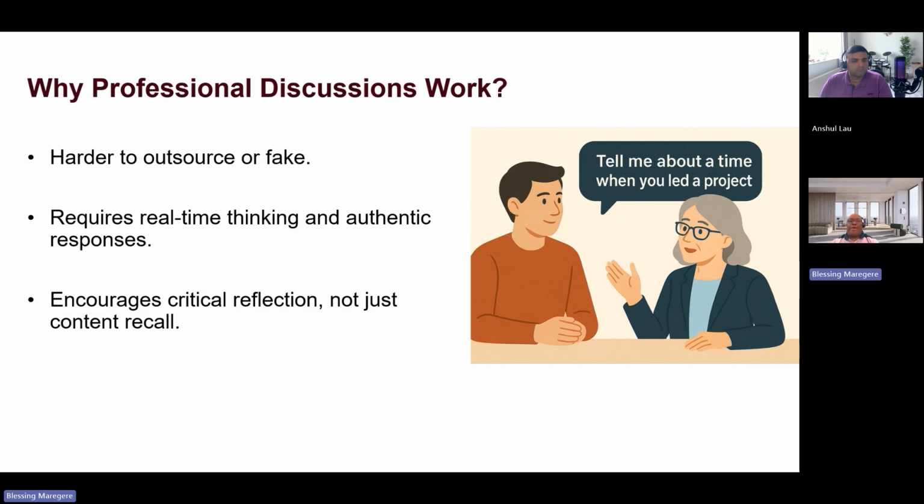And through that, as an assessor, you will be actively listening to that discussion and identifying where the gaps are, and also seeing if it's meeting the assessment criteria that are stipulated in the assignment brief as well.